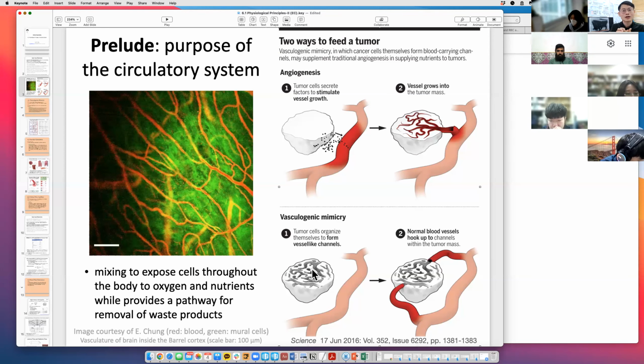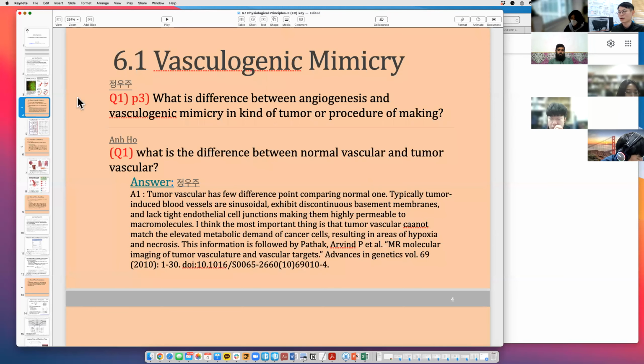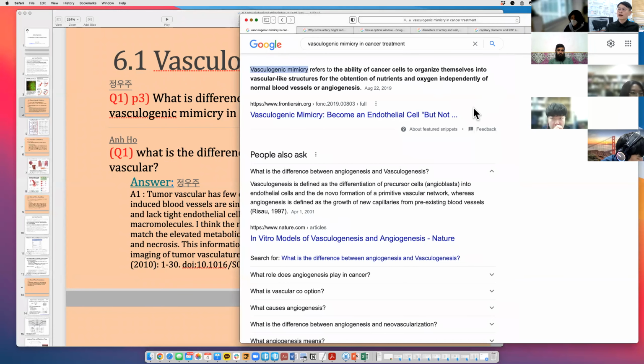Okay, it's literally vessel genesis, generation out of nothing. Of course, there are so-called HUVEC cells, human umbilical vein endothelial cells, which you know from some of your literature. So that vasculogenesis is kind of mimicked by the tumor. All right, so let's go back to here. So what is vasculogenic mimicry?